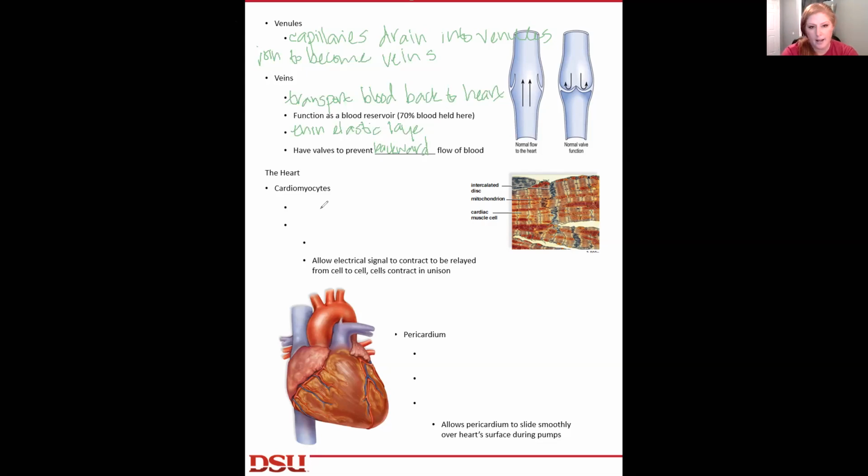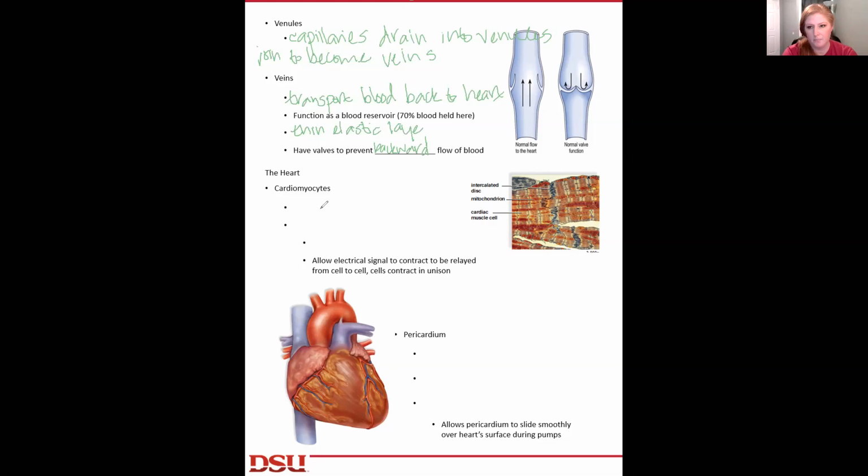We know that arteries have a lot of elasticity. And again, that's because it's getting all of that volume of blood that's being forced into them from the heart. It has to be able to kind of expand and contract as the blood gets pushed through. Well, veins don't have that.